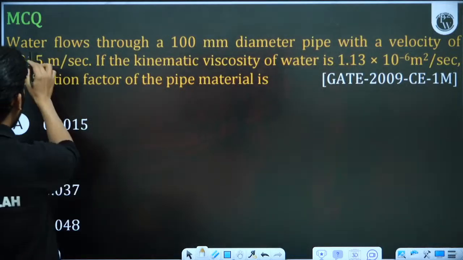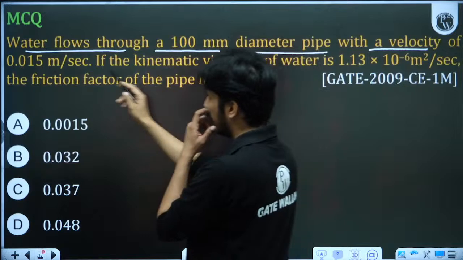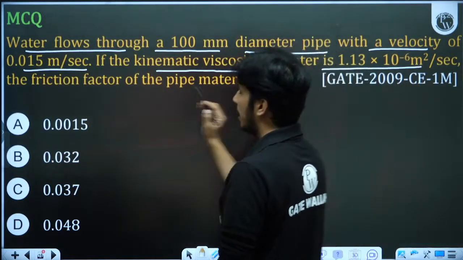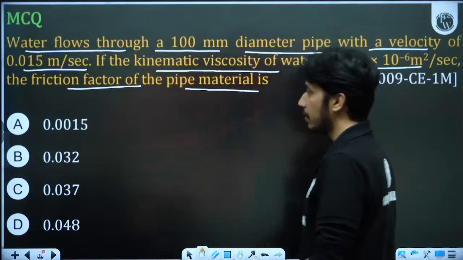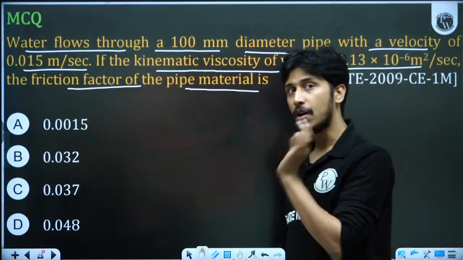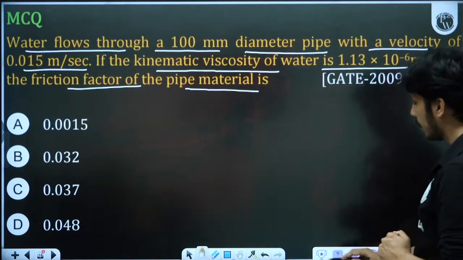This is the question: water flows through a 100 mm diameter pipe with a velocity of 0.015 meter per second. The kinematic viscosity of water is this much. Now it is asking for the friction factor of the pipe material. First of all, you have to know the Reynolds number, because based on the Reynolds number you will apply the formula. This is again for 1 mark.